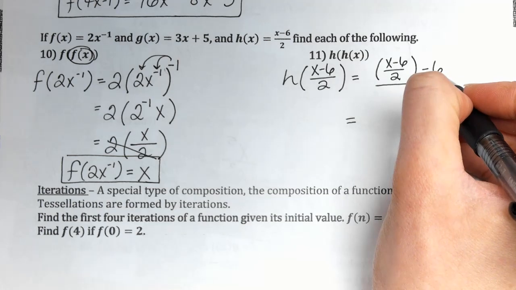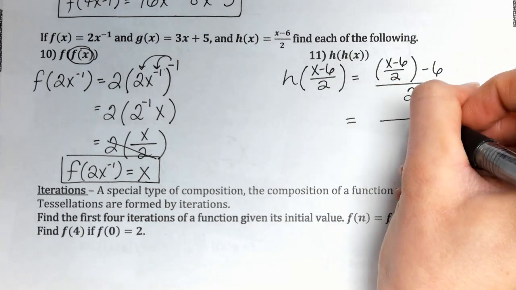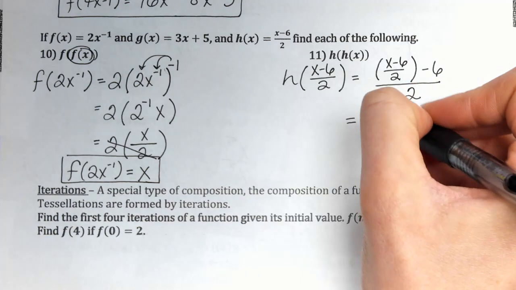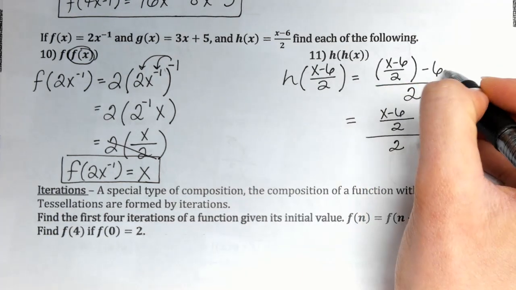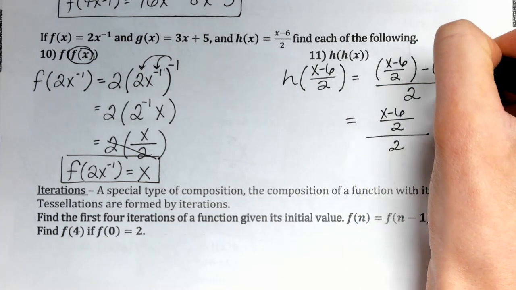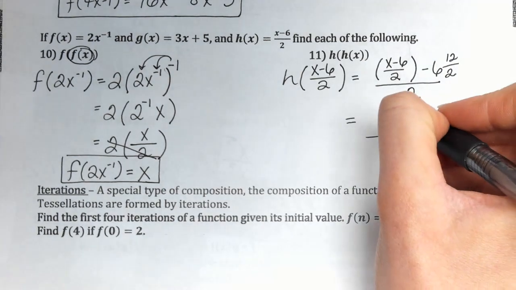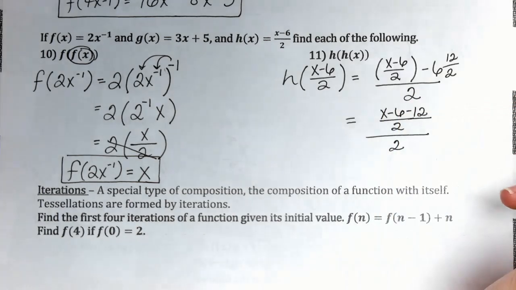So if I need this to have a denominator of 2, it's x minus 6. This turns into 12 over 2. So minus 12. Right? 6 is the same as 12 over 2.